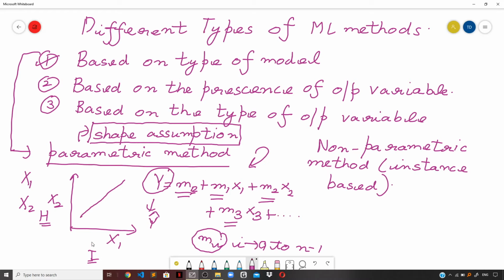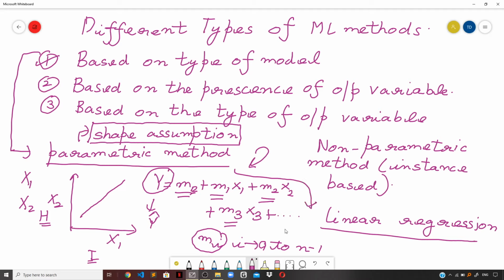So this is how the parametric method actually works. So an example of parametric methods is linear regression, which we will see in later videos. Okay, so this is the example for parametric methods.